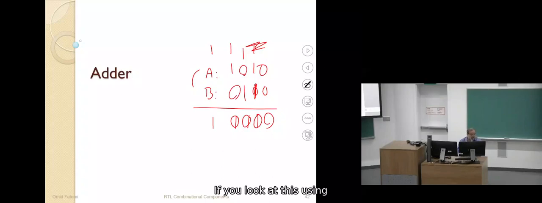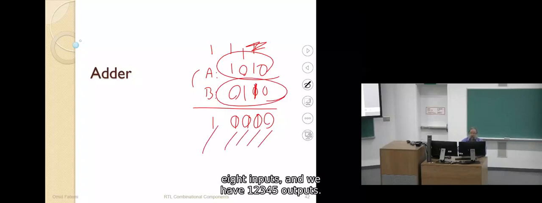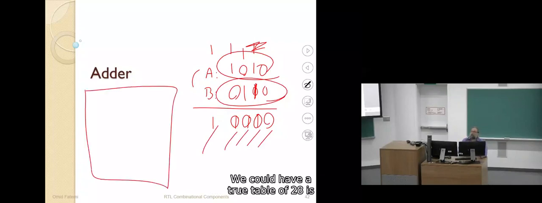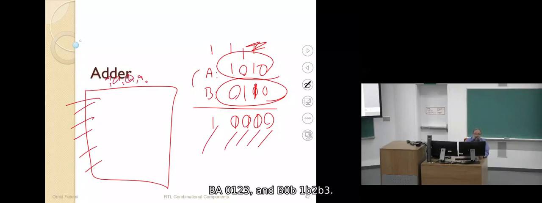If you look at this, using the systematic way that we talked about before the midterm, it always works. You can write the truth table for that. We have 8 inputs, and we have 1, 2, 3, 4, 5 outputs. So we could have a truth table of 2 to the 8, which is 256 rows, where the inputs would be A0, A1, A2, A3, and B0, B1, B2, B3.